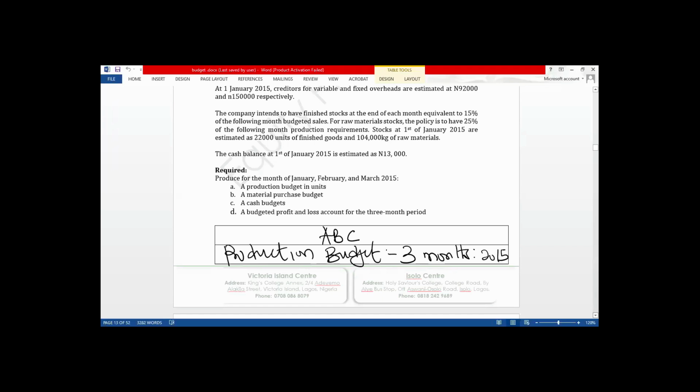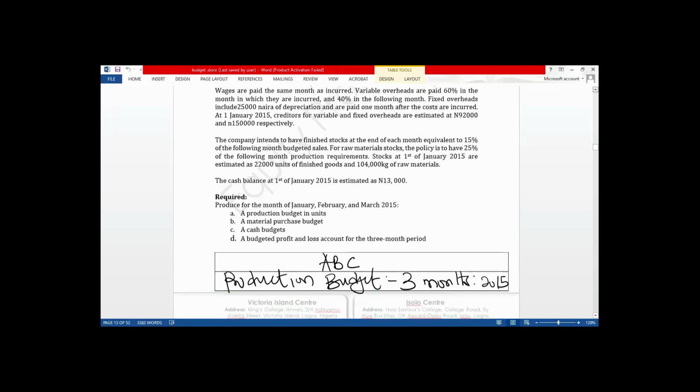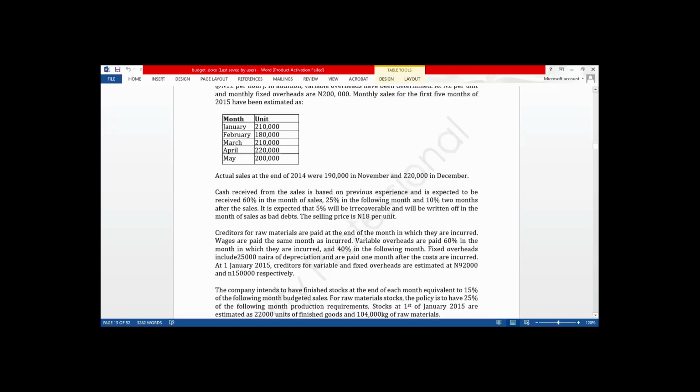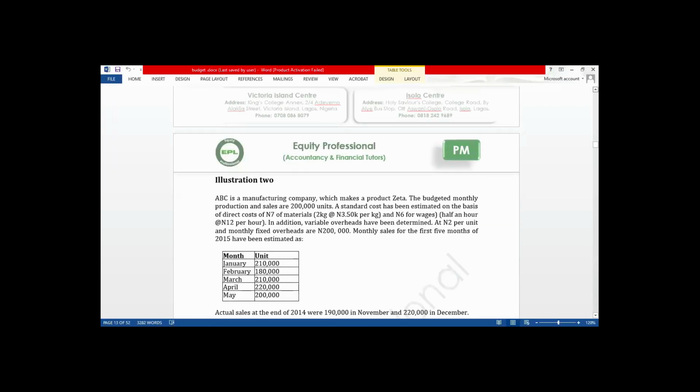So please, guys, go to your material. I think page 152 or page 150. Look at under budget. Illustration 2, ABC Manufacturing Company.